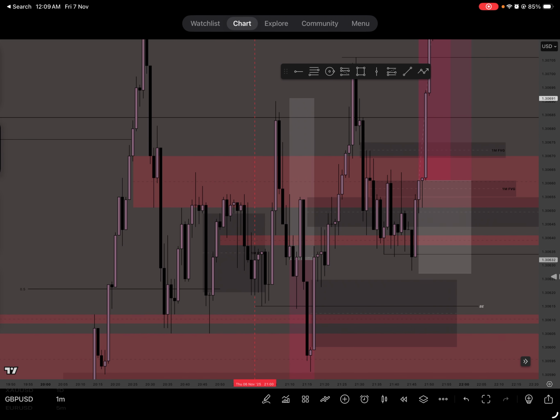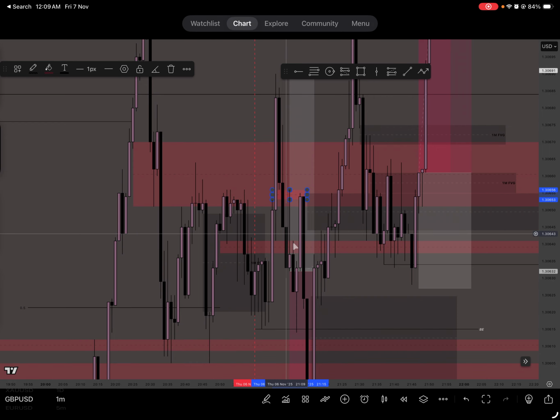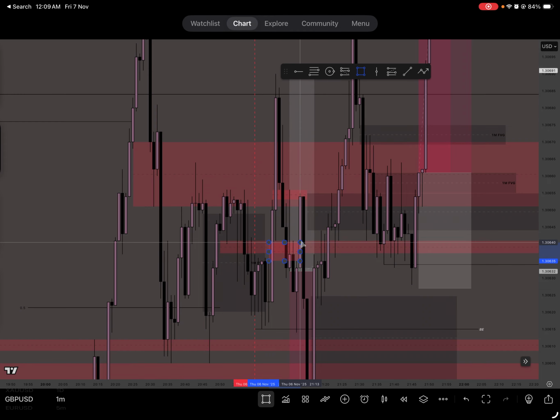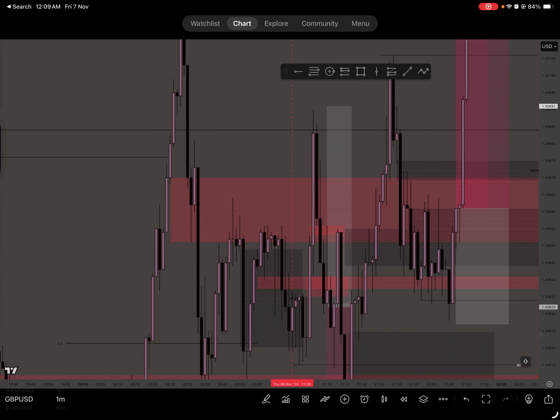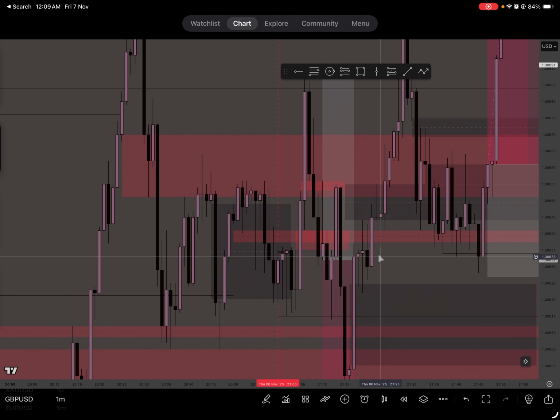So once we got that huge push up, and I see that not only did we create a 1 minute fair value gap here, we also created a 1 minute fair value gap, which was here, right? So I did enter on this candle being closed.